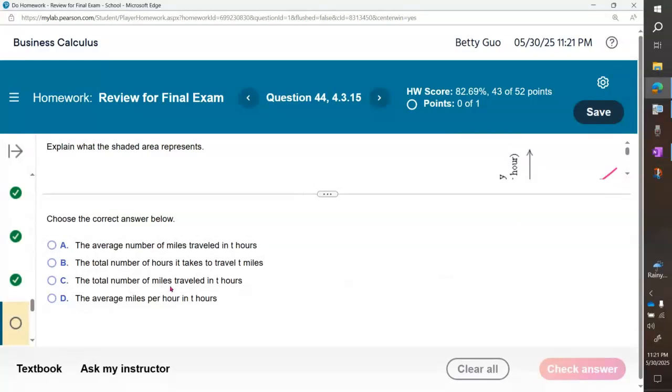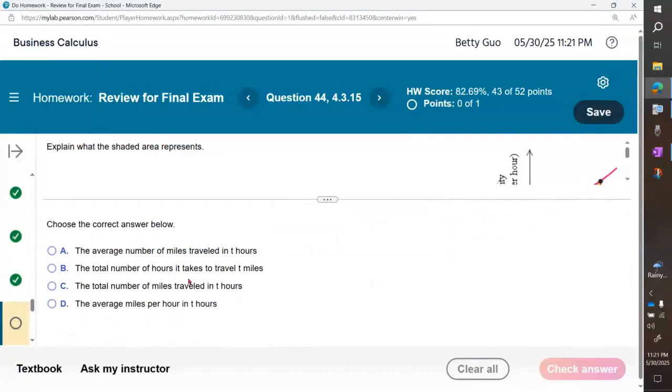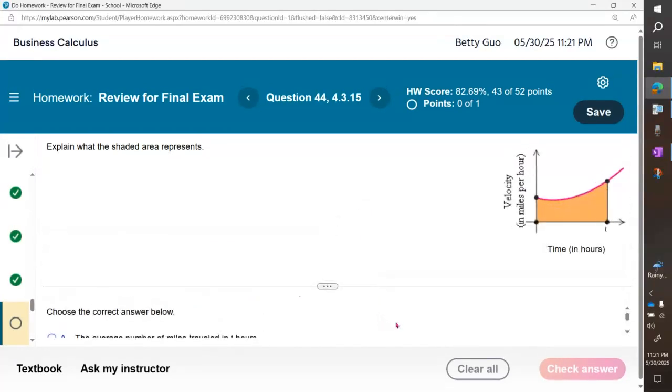The choices are: the total number of hours it takes to travel one mile; the total number of miles traveled in T hours; the average number of miles traveled in T hours; the total number of hours it takes to travel; average miles per hour. This is velocity, miles per hour. It's a velocity function.